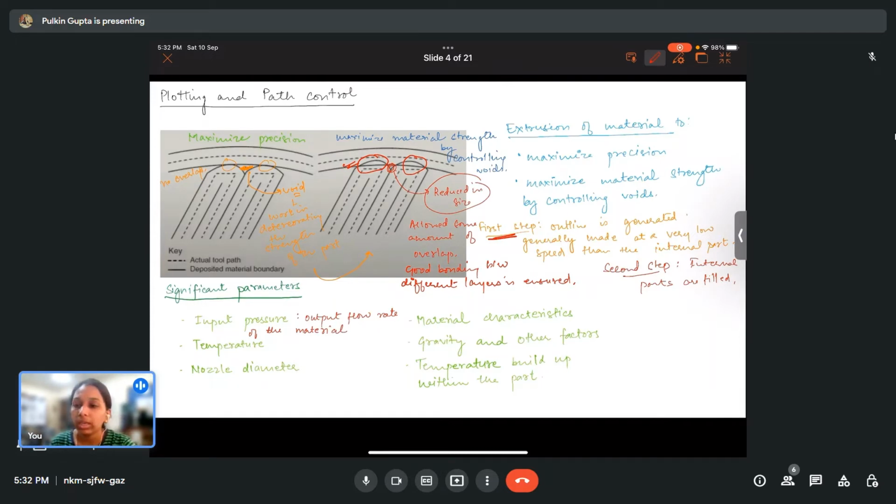Next we have temperature. So maintaining a constant temperature within that liquefying chamber is very necessary, so that the viscosity of the material that is being melted or changing into molten state remains constant and uniform. Constant temperature will be the ideal situation.